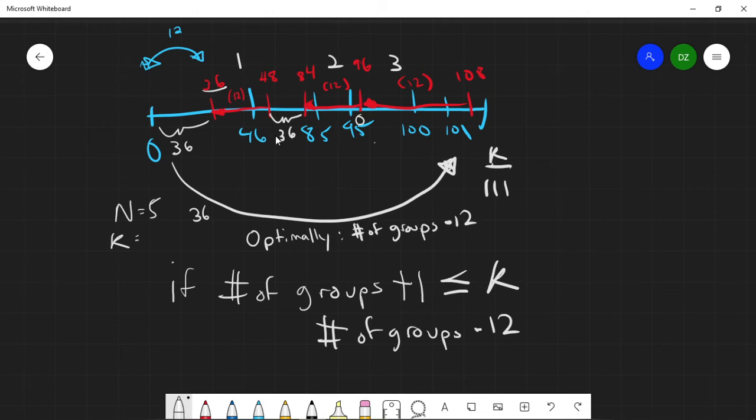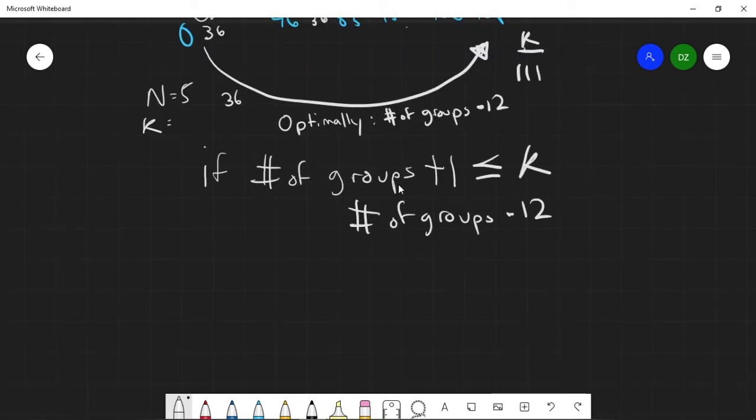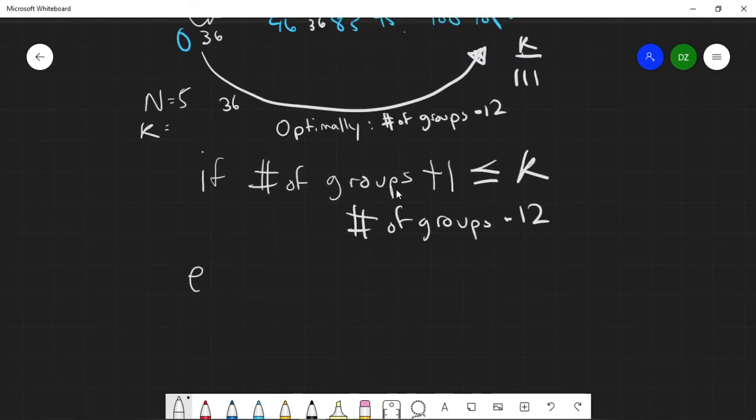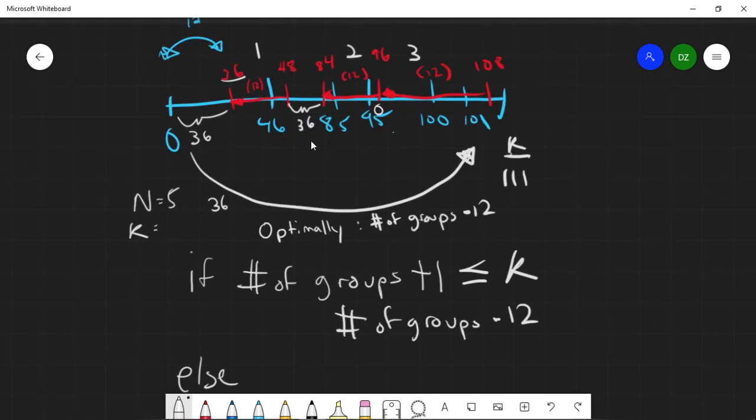So yeah, if that's true, the number of groups is just the number of groups times 12. Else, what we do is we get these gaps, right? And let's just put them into an array, and we'll also sort it as well.